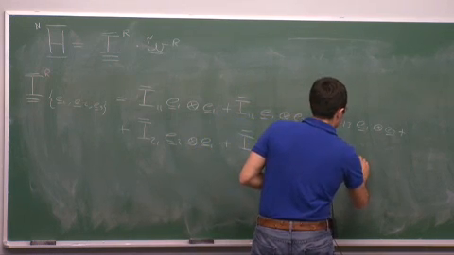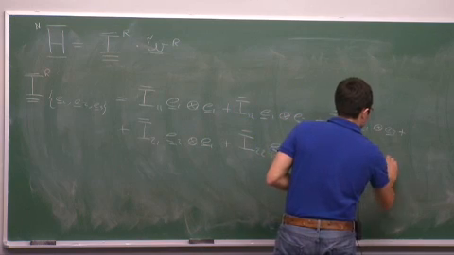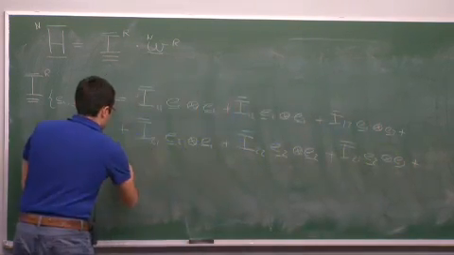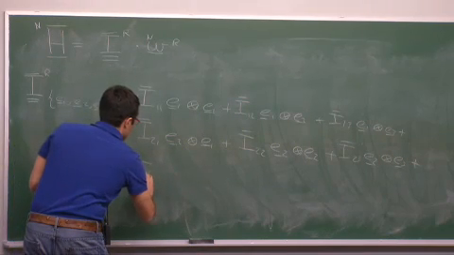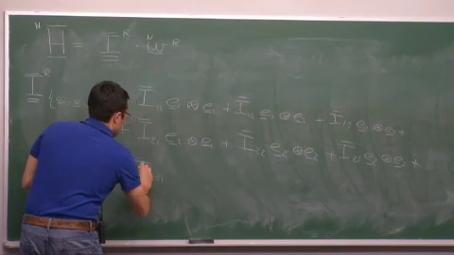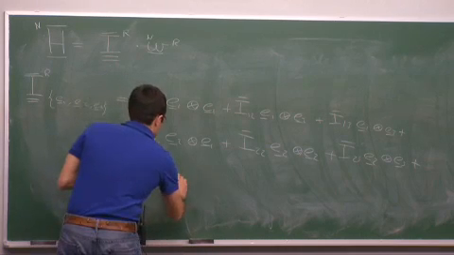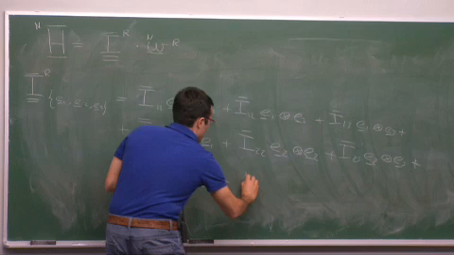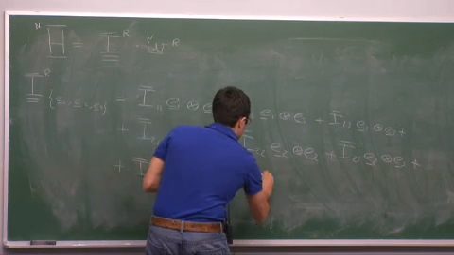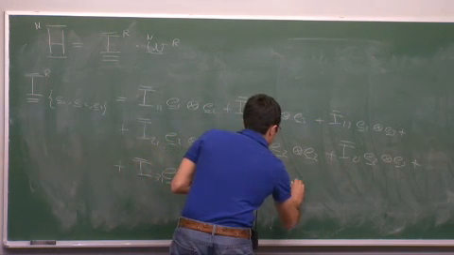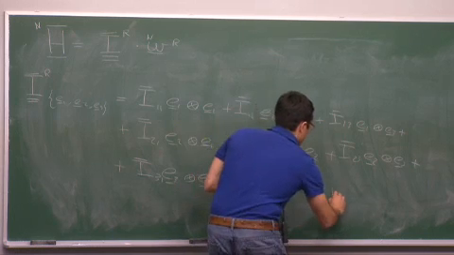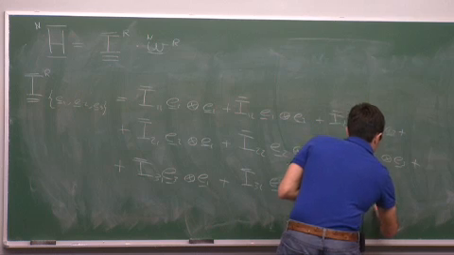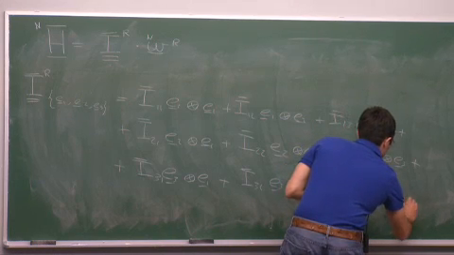So this is I23 bar E2 circle cross E3 plus, last row, I31 bar E3 circle cross E1 plus I32 bar E3 circle cross E2, and finally I33 bar E3 circle cross E3.